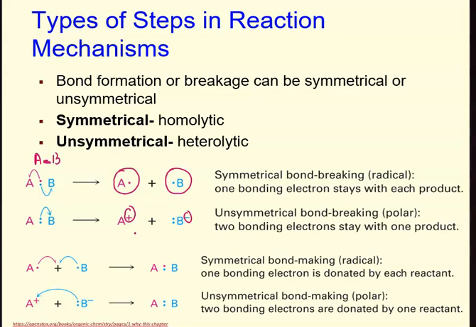This is another way by which bonds can break. Just like bond breaking, we can form bonds too, where two radicals can combine to form the product, which is symmetrical bond making, or unsymmetrical bond making can happen where one reactant donates electrons to the other reactant to form the product.